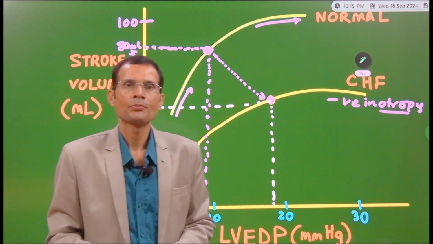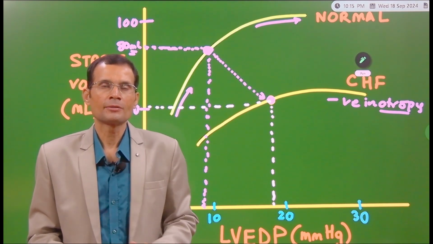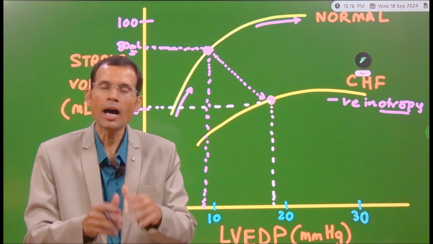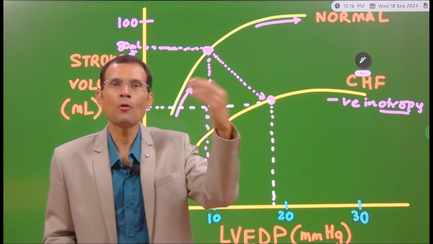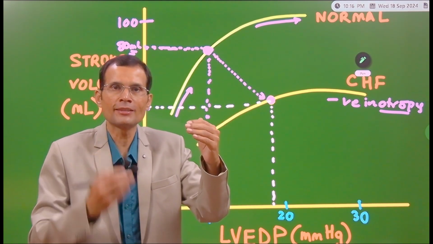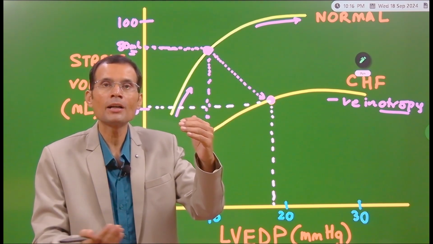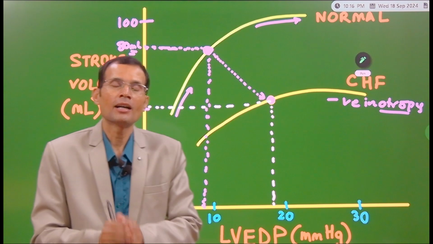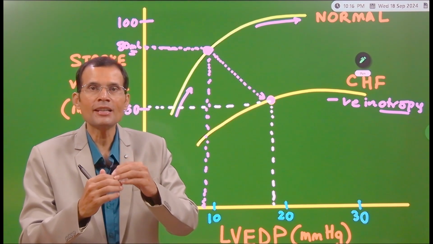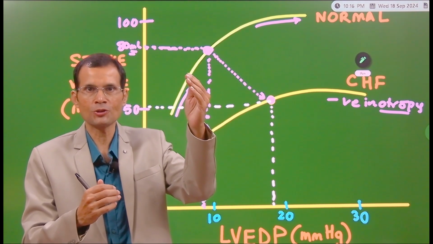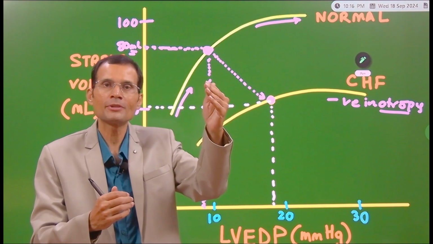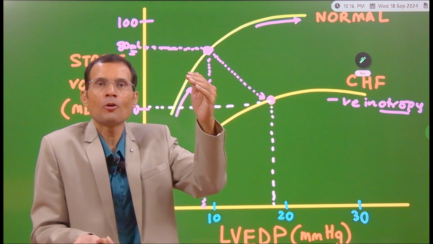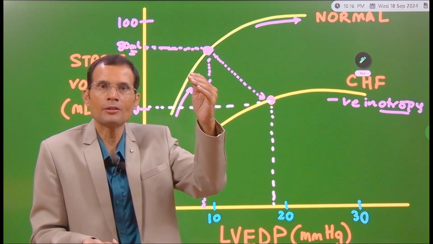Why is that? Now consider this. Stroke volume is less in heart failure. That means what? By the end of the systole, more blood remains in the left ventricle. I repeat again, left ventricle is ejecting out less blood during systole. That is, stroke volume is less. That means by the end of the systole, more blood volume stays behind in the left ventricle.